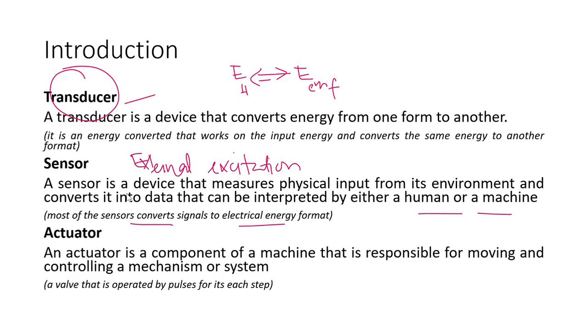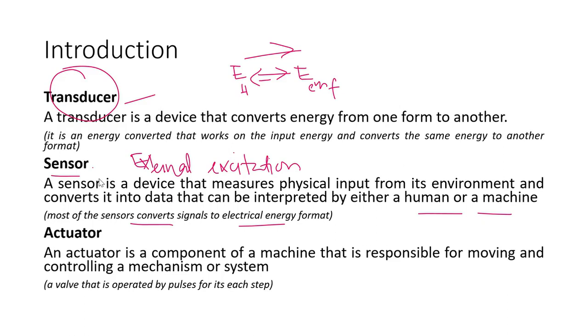A transducer will give us as output the energy that we put into it, whereas a sensor will only sense the data and show us some reading at its output. So the energy is not transferred in a sensor, it just sees something and tells us what it sees.